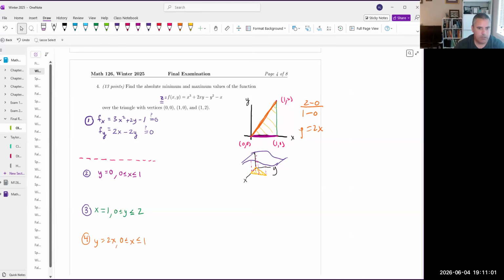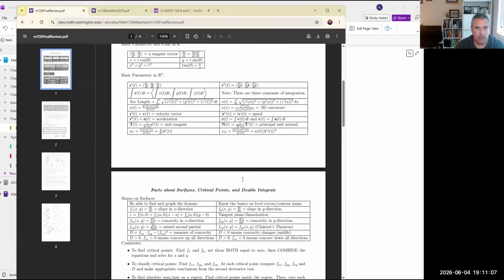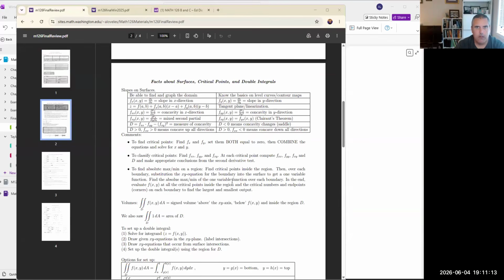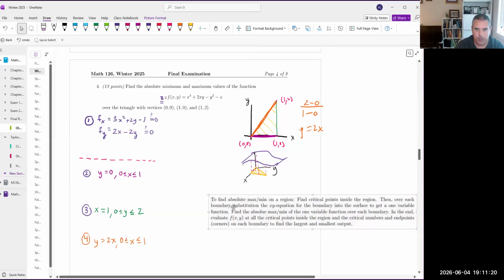Maybe just to do the same thing I did with that other problem. Here, this is what my note sheet would say, or some version of this. This is from my review.